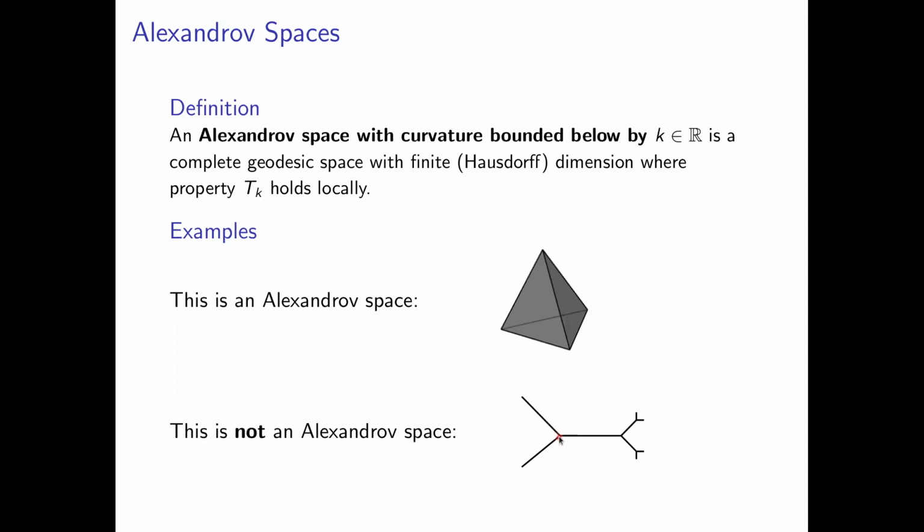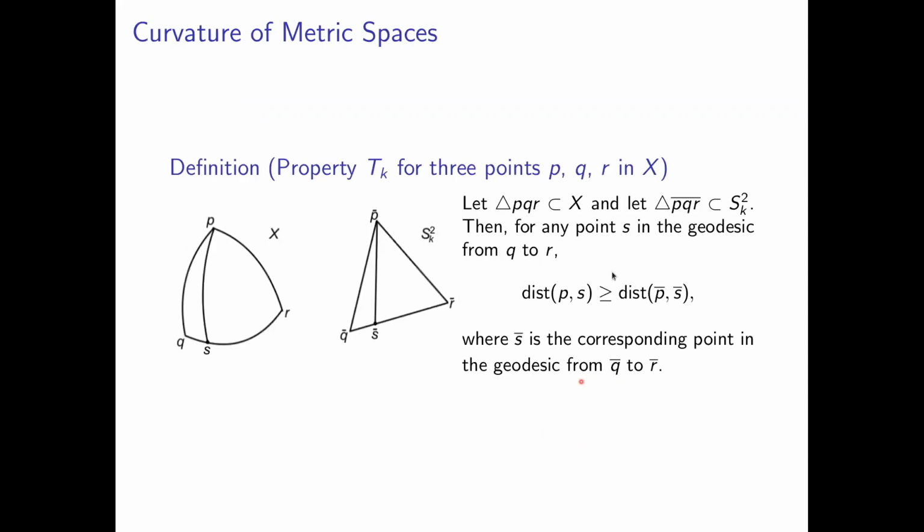So you can think of this as not having a lower curvature bound around these points where three geodesics meet. This is an example, on the other hand, of a CAT(0) space. One can switch the inequality here, and that would mean that you have curvature bounded above by K, but we are not going to talk about those.